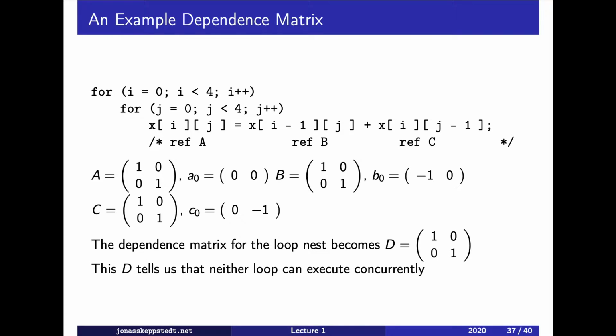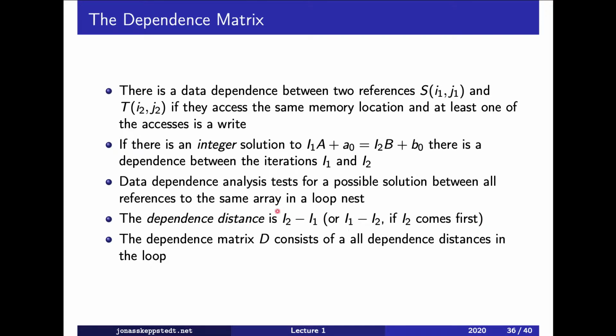B is one iteration of the I loop behind A, and C is one iteration of the J loop behind A. So the distance vectors, recall, the dependence distance is a vector.